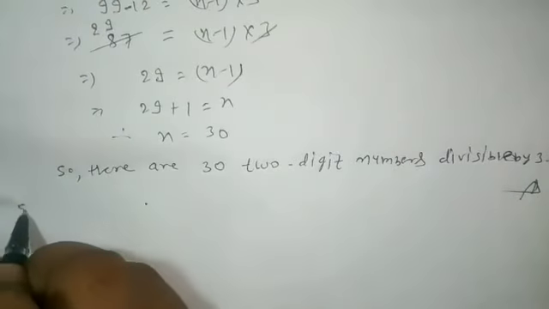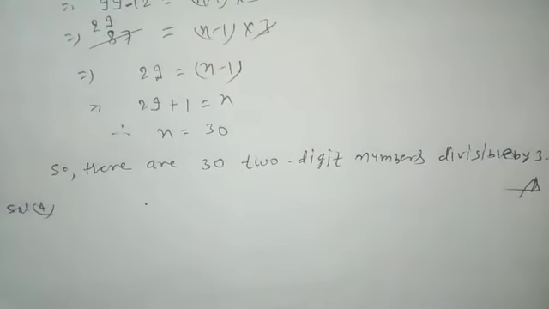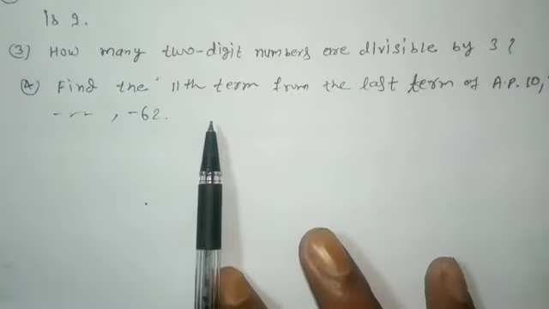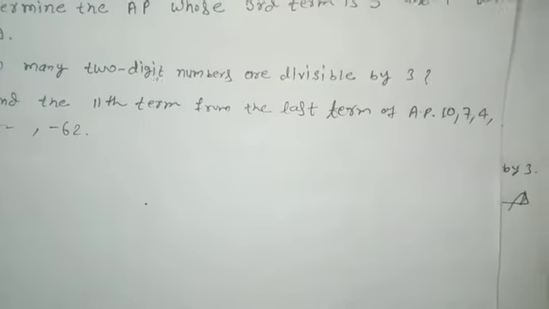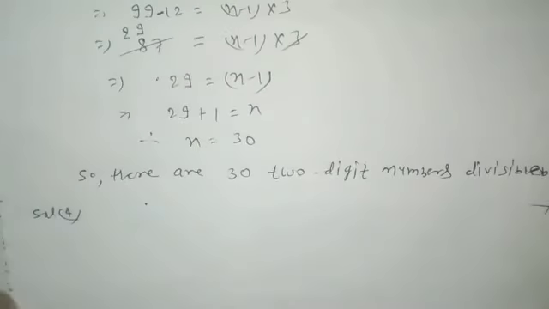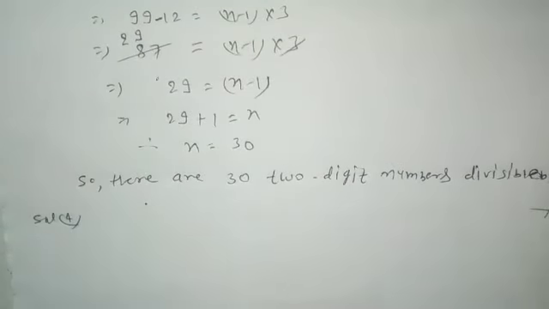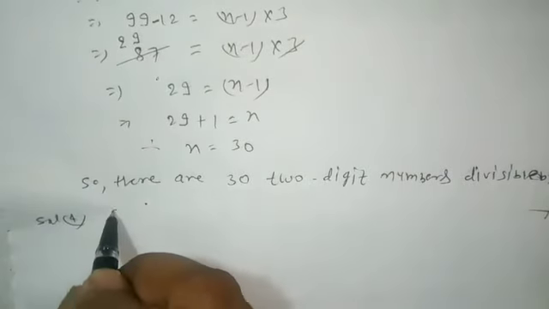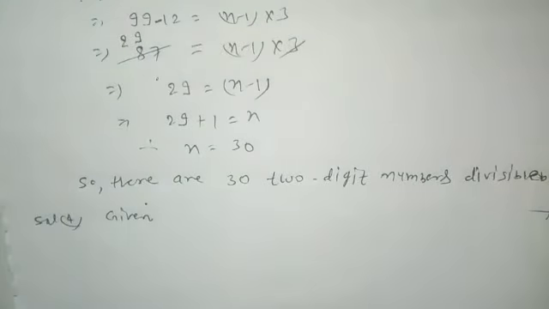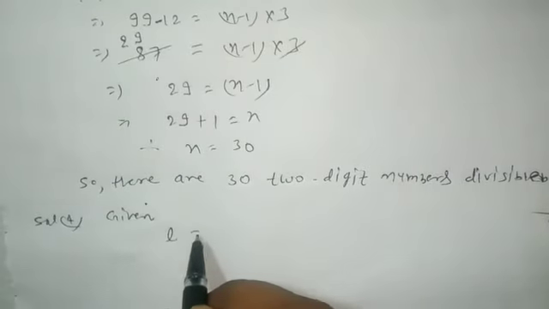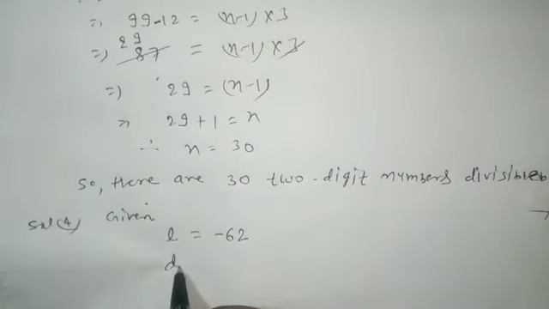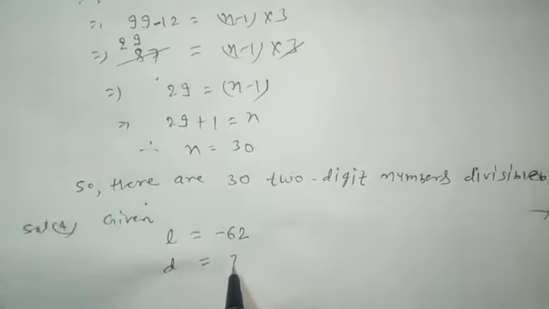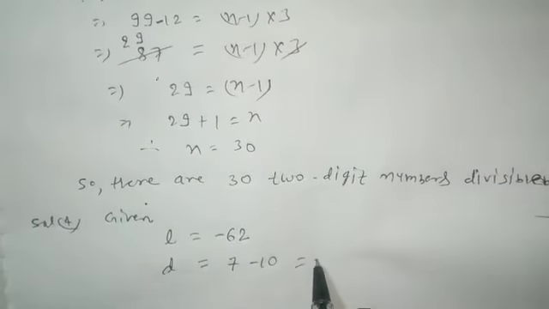Now the next question, question number 4. Find the 11th term from the last term of the AP 10, 7, 4, ..., minus 62. Given L is equal to minus 62, D is equal to second term minus first term, which is minus 3.